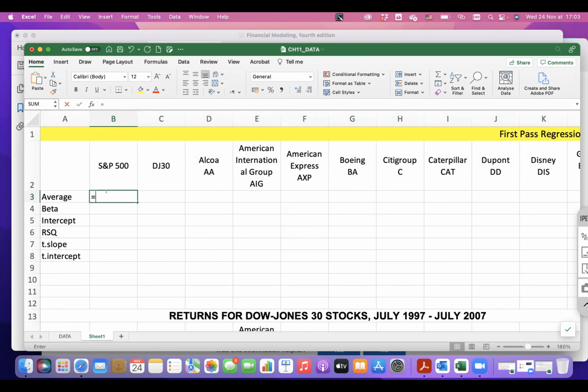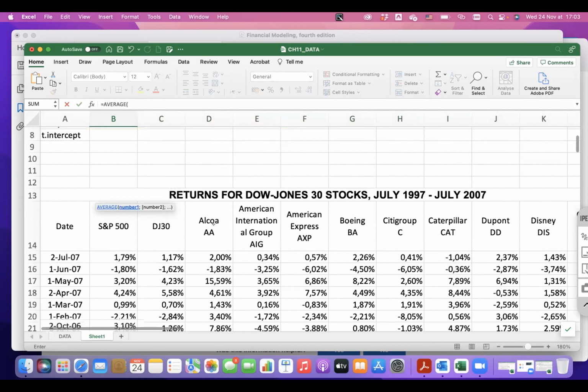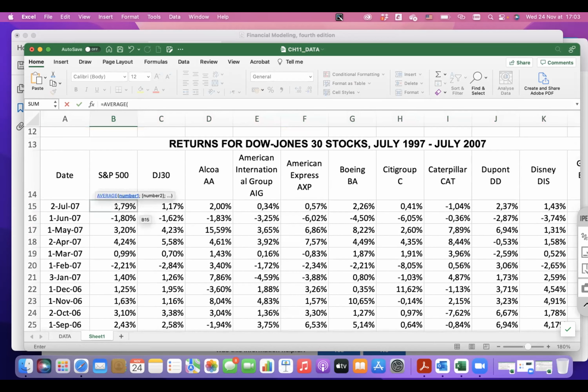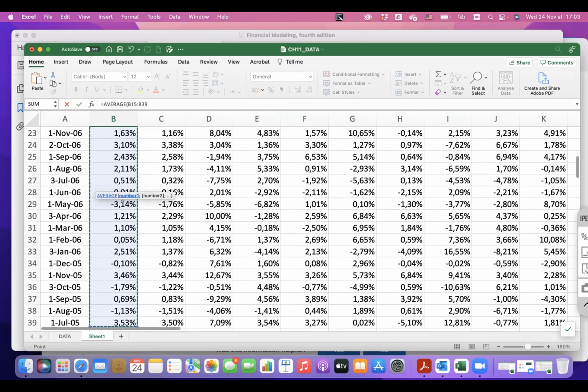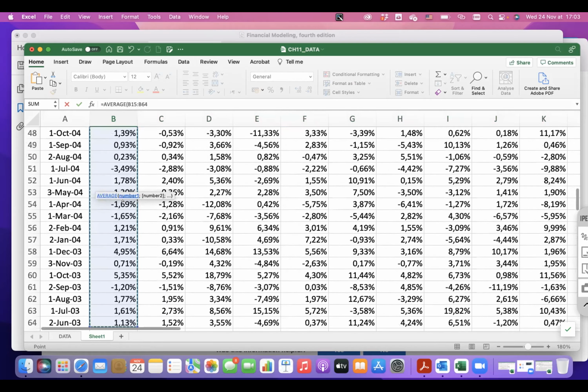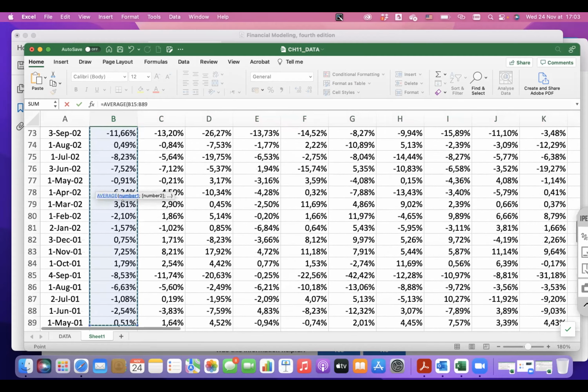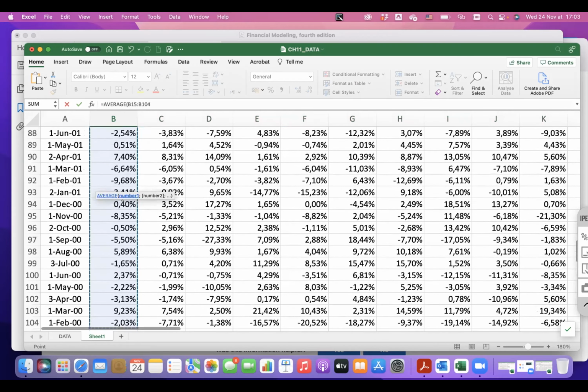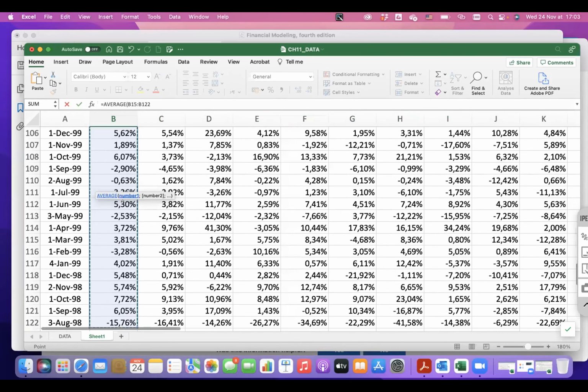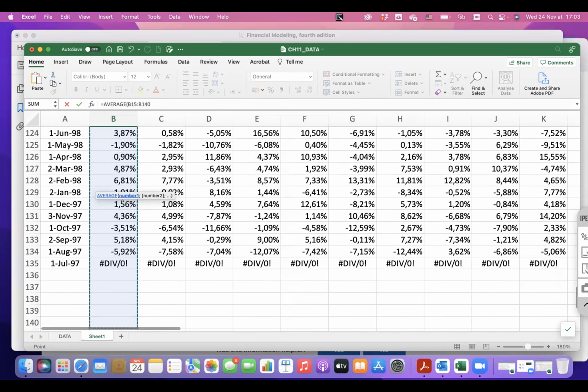So equal to the average of the return of S&P 500 until August 97.